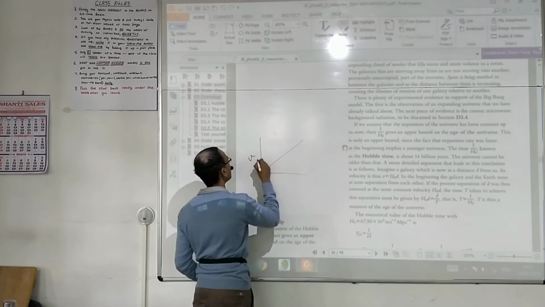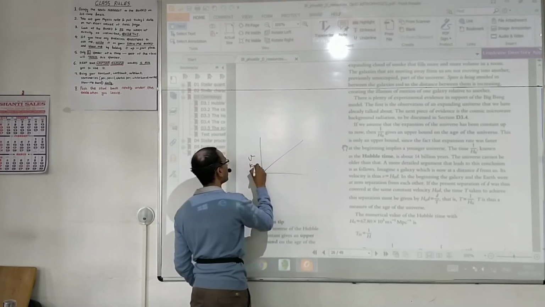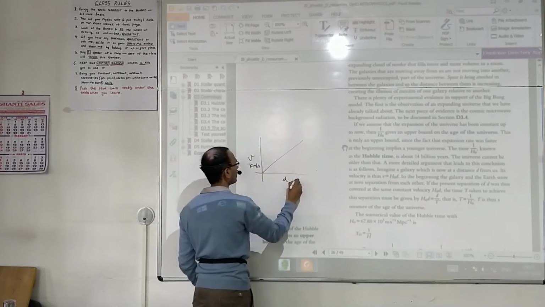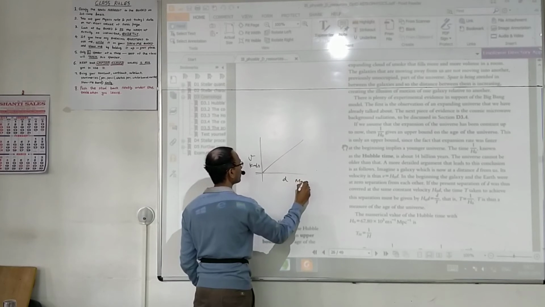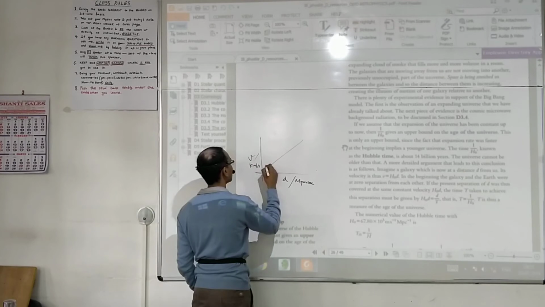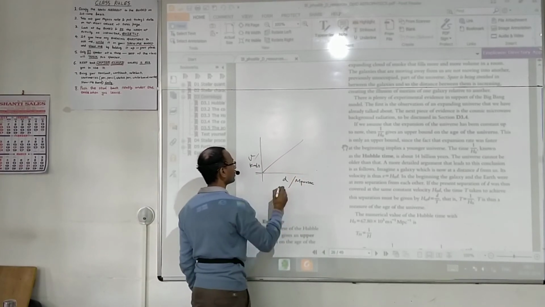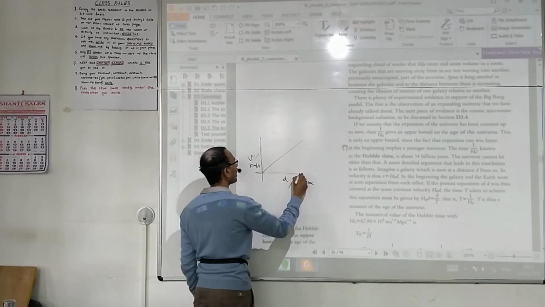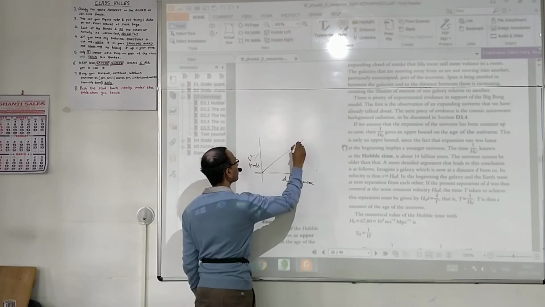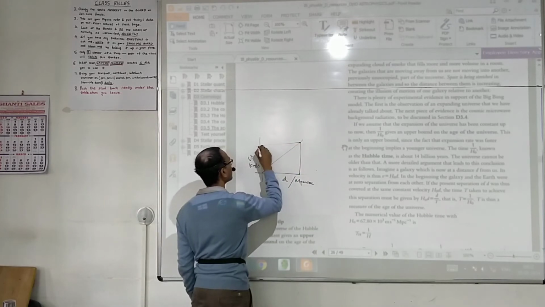So this was velocity in kilometer per second and distance in megaparsec, right? And you got a straight line graph. So right now you look at a galaxy which is at a distance d, let us say, and from Hubble's law you get to know its speed.